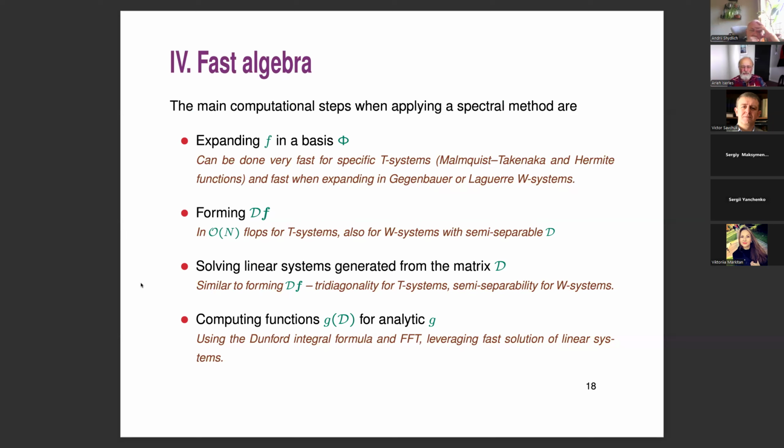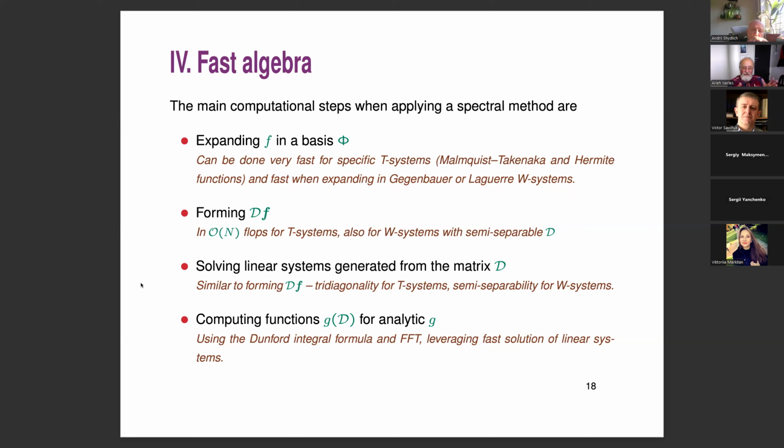And we can also do it fast, expanding in Gegenbauer or Laguerre W systems, using modern methods, mostly due to Sheehan Olver and Alex Townsend, using asymptotics that give very fast expansions of orthogonal polynomials. Forming Df.